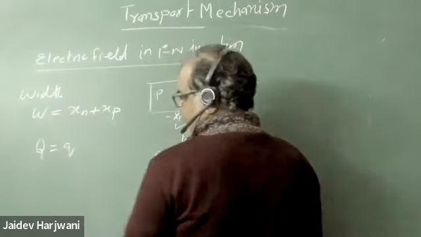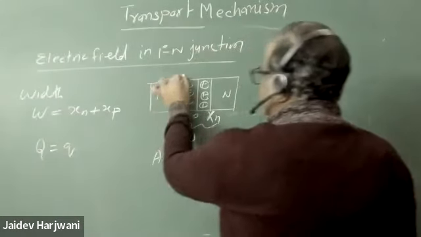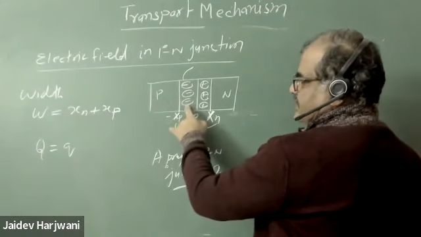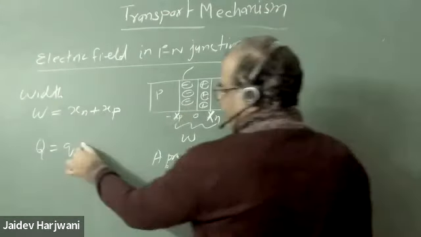Charge is Q. What is the concentration of these ions? Na on the P side.